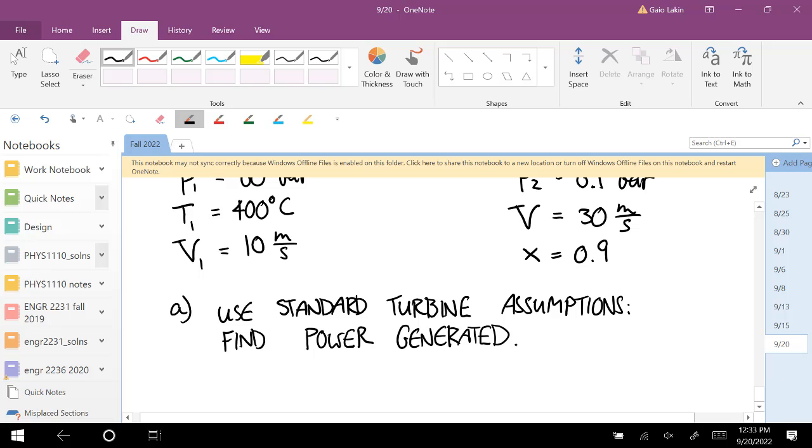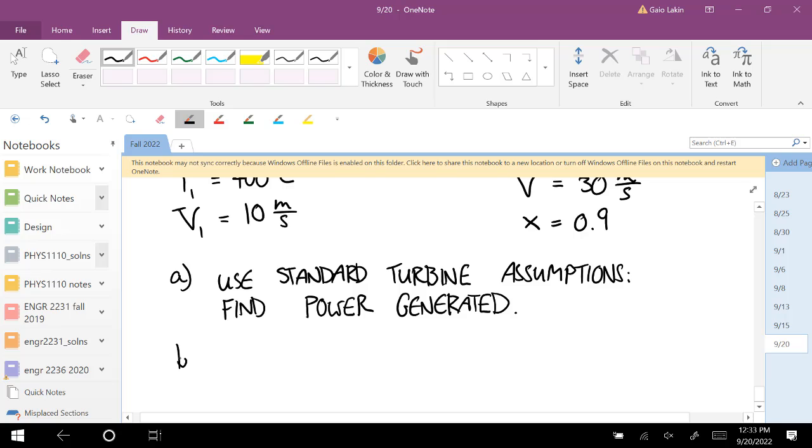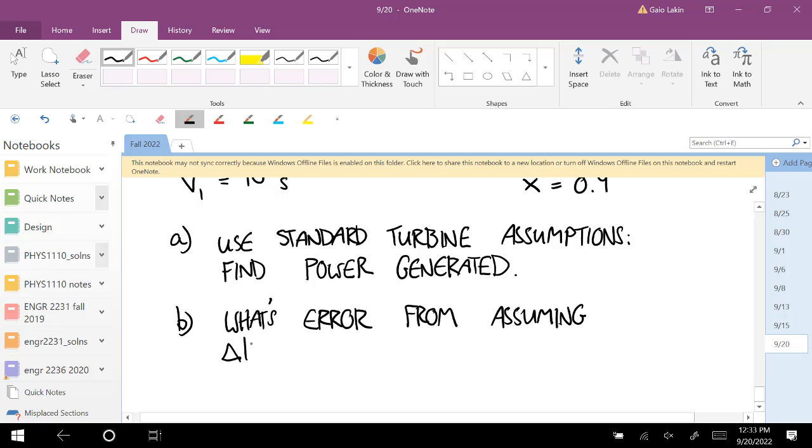Second, once we've seen the magnitude of the energies that we're talking about here, let's use those velocities to see what we're ignoring in the kinetic energy. So calculate what's the error that comes from assuming the change in kinetic energy is equal to 0. You expect that to be big or small? Small, yeah.